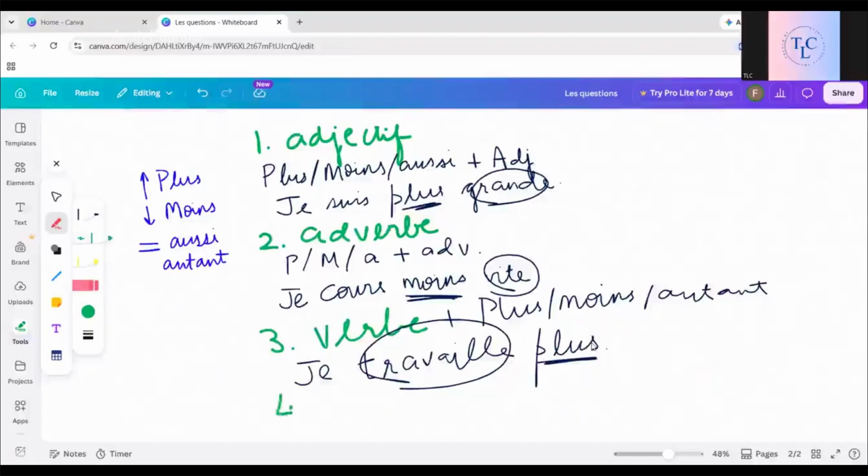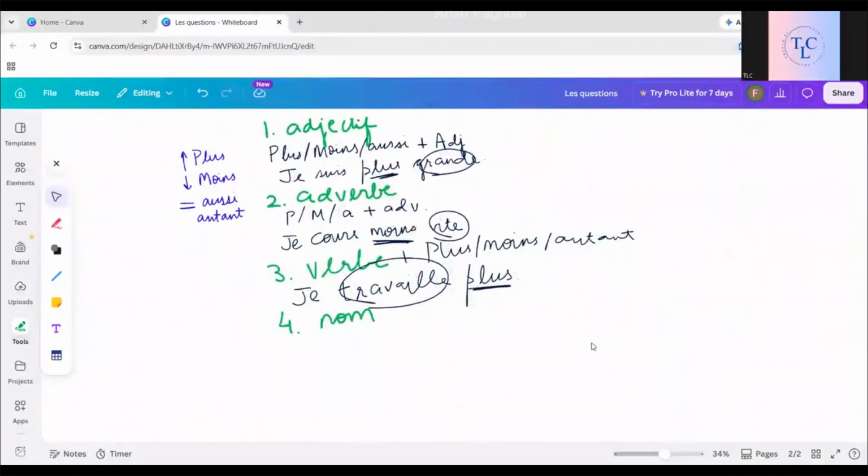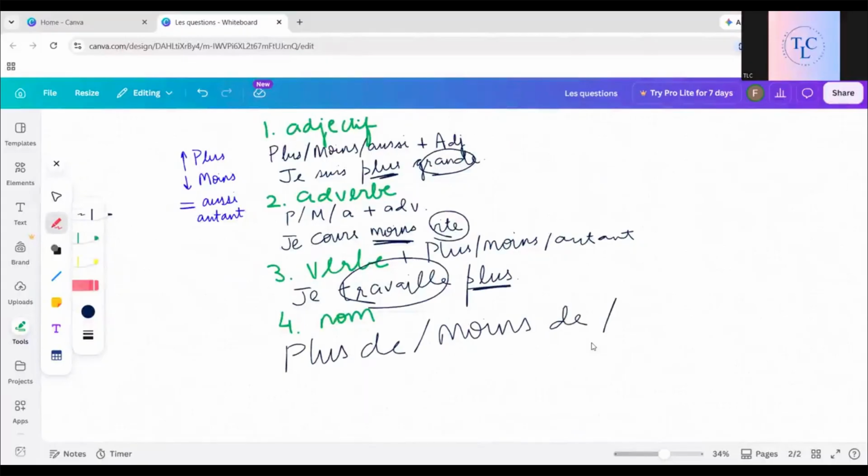Lastly, if we are comparing a noun, then what is the structure? In that case, we have plus de, moins de, or autant de.